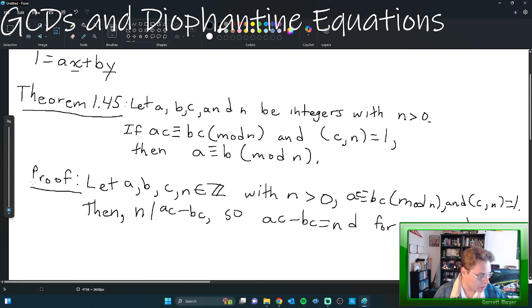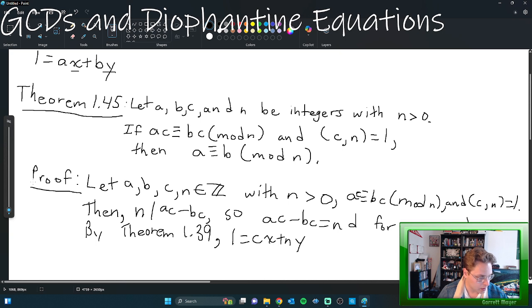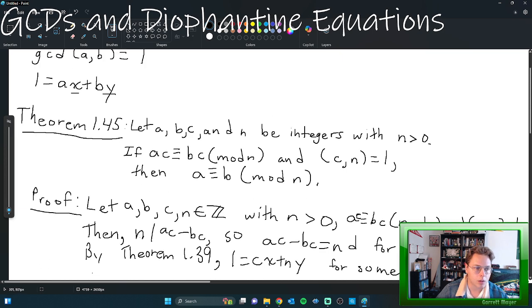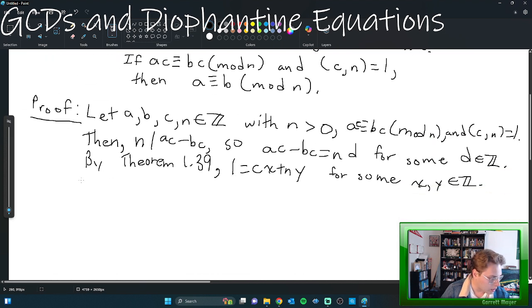So based on this, by theorem 1.39 from before, 1 equals CX plus NY for some integers X and Y. And then based on this, we can do a bunch of algebra that I'm going to go through quickly.